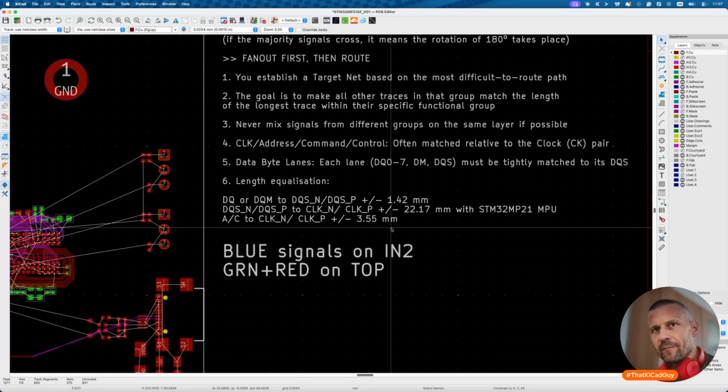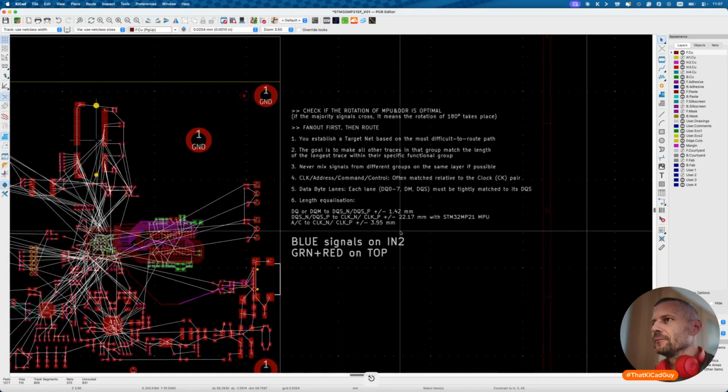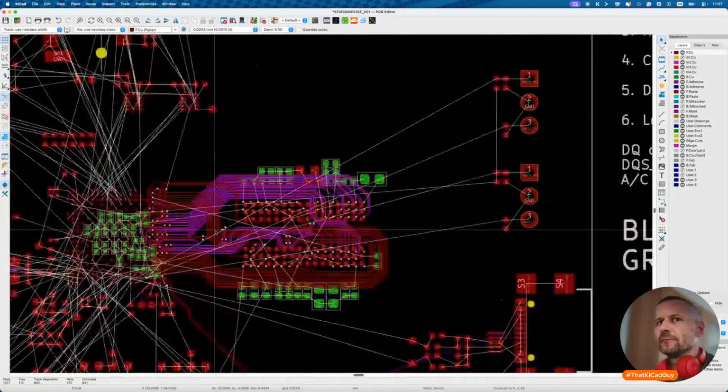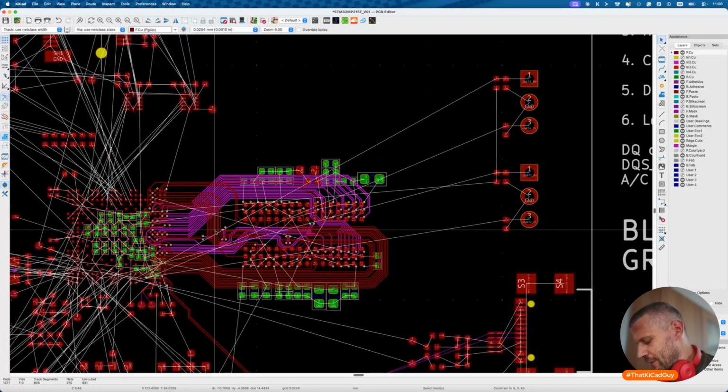So it means that the maximum difference of the length between group 1 and group 2 can be up to 44 millimeters, which is quite promising, or forgiving, let's say forgiving, quite forgiving.